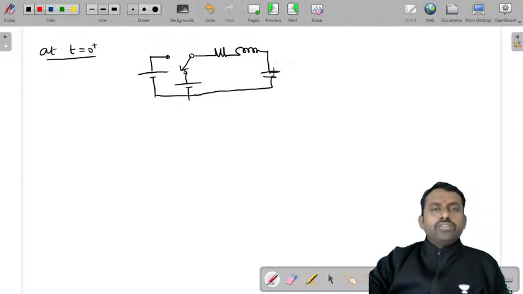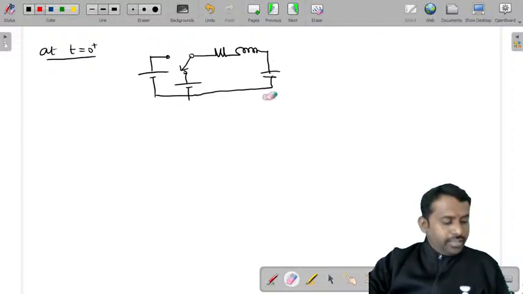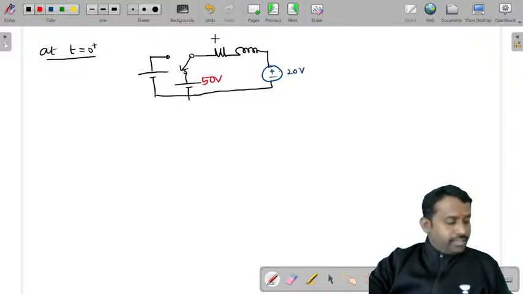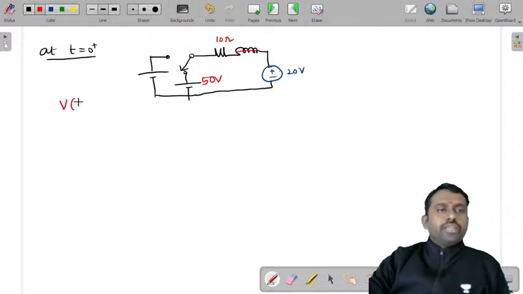Because the capacitor does not allow sudden change of voltage, it will still have that voltage and it will act as a voltage source of 20 volts. This is 50 volts and the resistor value is 10 ohms. So voltage across capacitor V of 0 plus is 20 volts.